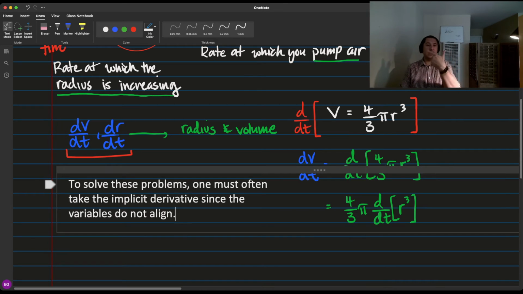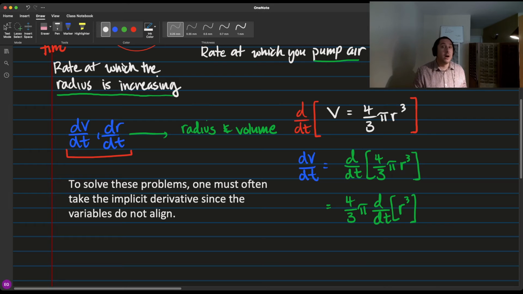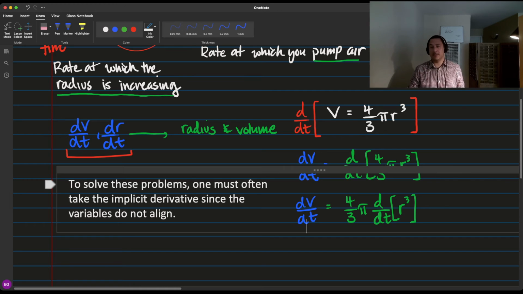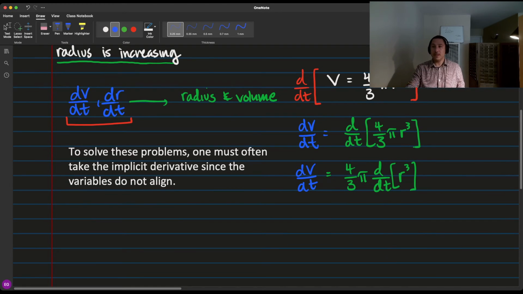I mean, on the right we're taking the derivative with respect to t of r, and on the left we're taking the derivative with respect to t of V. So on the left, we have our dV/dt. On the right, we have our 4/3 pi. Now if you take the derivative of r cubed, that gives you 3r squared, and then you have to multiply by dr/dt. That's what the implicit derivative tells you.